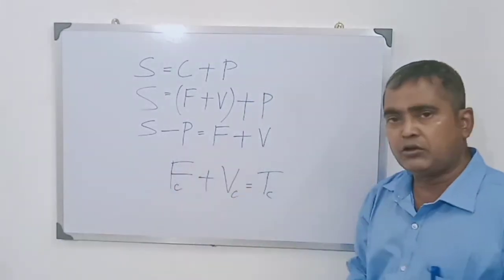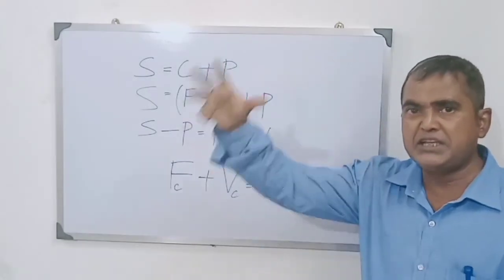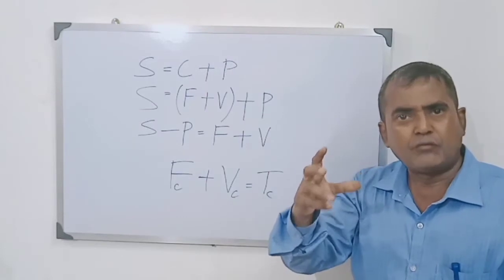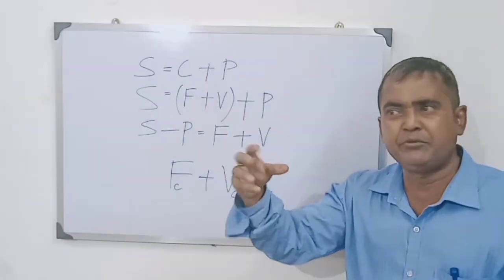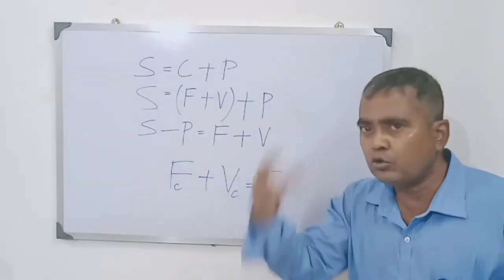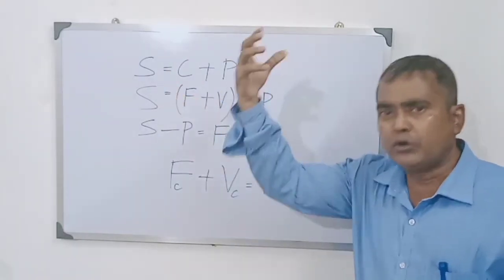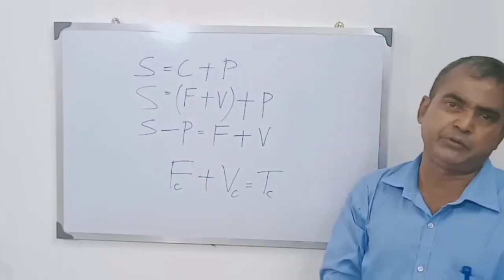Now, variable cost varies with the number of units produced, to increase or reduce the number of units produced.